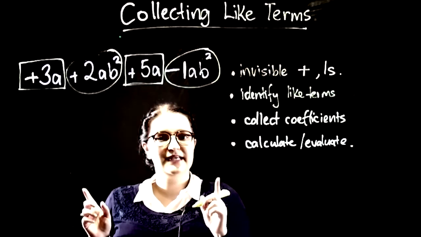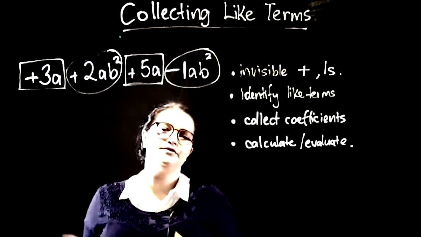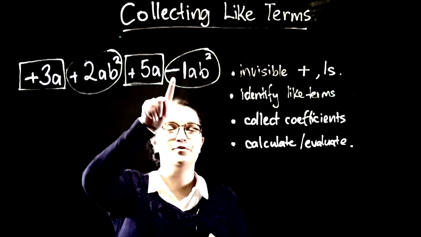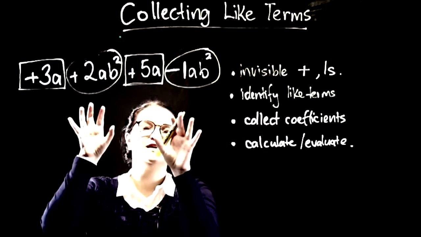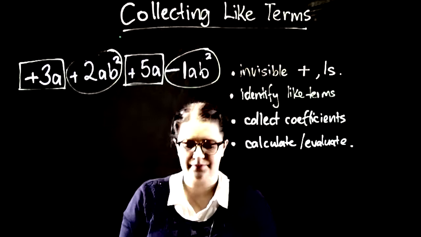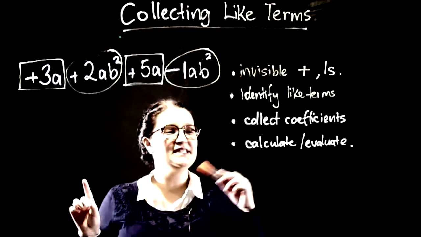Now I'm going to add in an extra step where I jumble them all around, and that's the reason why I have included the plus or the minus in the box, because when I jumble them around, the sign has to stay with the term. So that negative 1 is going to stay with that ab squared.